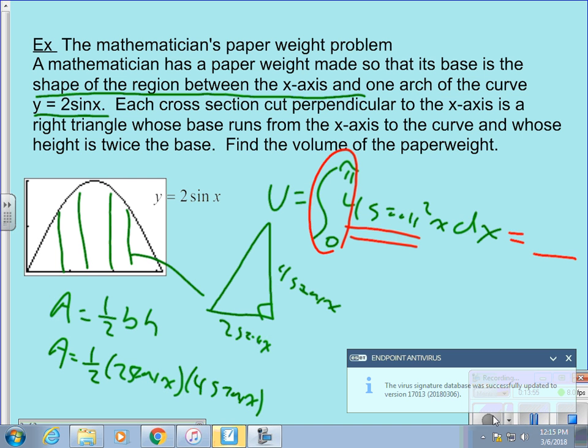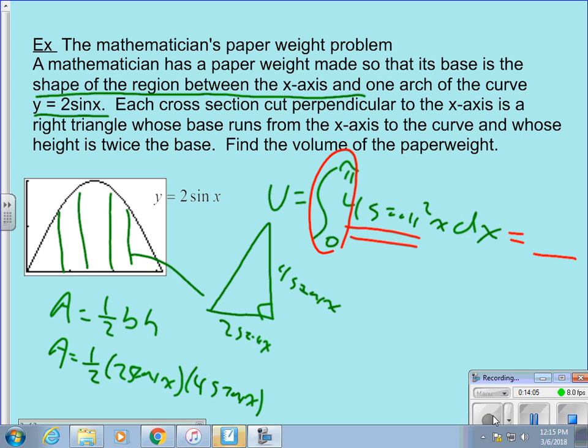AP, almost identical. 3 points. Wait, why is it 4 sine? Maybe 4 points. What the other two? 1/2 times 2 times 4. What's 1/2 times 2 times 4? 4. Is it 4 sine x over 2? Bingo, that works just fine.